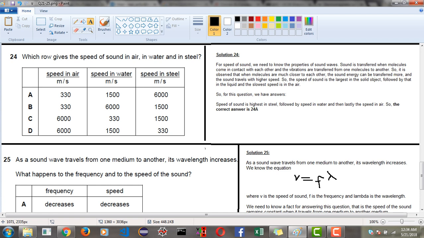So for this question we can say that the speed of sound will be highest in steel, then in water, and the lowest will be in air. So comparing all this, we see that option A must be the correct answer.